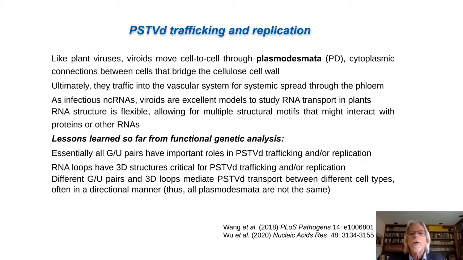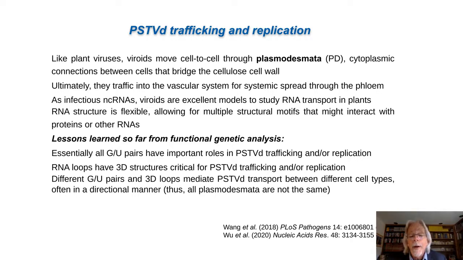And what we've learned so far in many years of investigation in Dr. Ding's laboratory and now mine is essentially that all GU pairs have important roles in PSTVd trafficking and replication, sometimes both. RNA loops also are critical for RNA trafficking and/or replication.